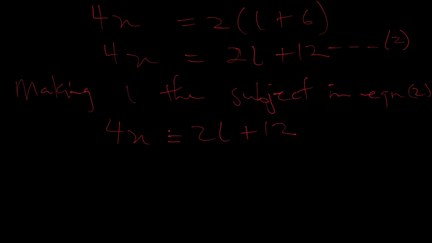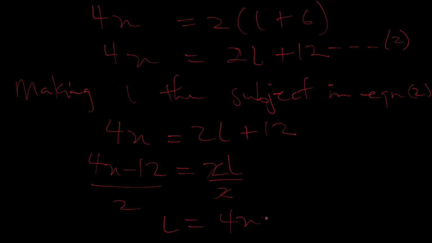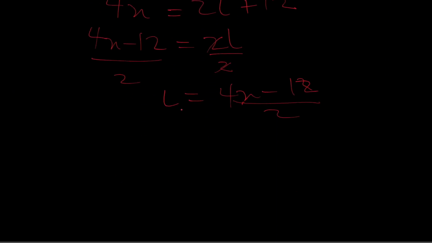So we are trying to make L the subject here, which means making L stand alone. So we can have 4x minus 12 equals 2L. Then we divide both sides by 2. So L is equal to 4x minus 12 all over 2. Now we can rewrite this expression as L is equal to 4x over 2 minus 12 over 2.